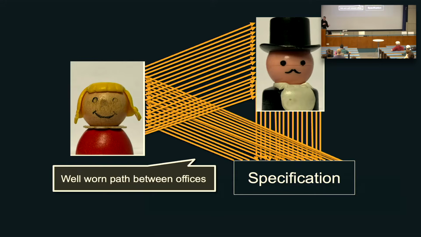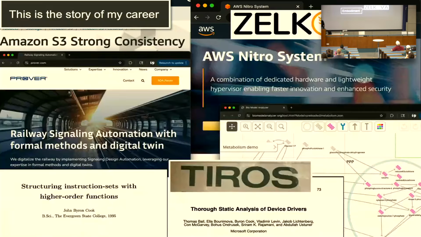So you iterate around and around. That's my entire career, this story. I worked on hardware, device drivers, models of genetic regulatory pathways, virtualization, I helped the team start to do the storage stuff, and I've worked on railway switching correctness. It's always the same story.